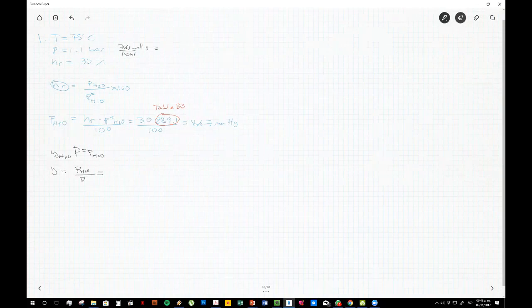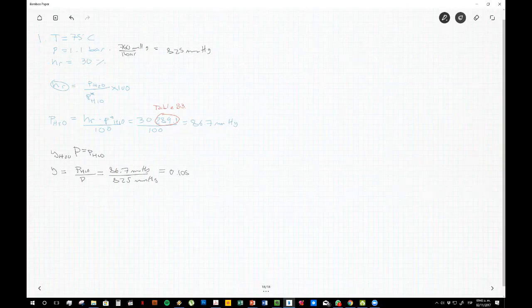It should be 825 millimeters of mercury. So we substitute the data, 86.7 millimeters of mercury divided by 825 millimeters of mercury, and that gives us the fraction of water as 0.105, right? And of course then we can obtain the fraction of air.